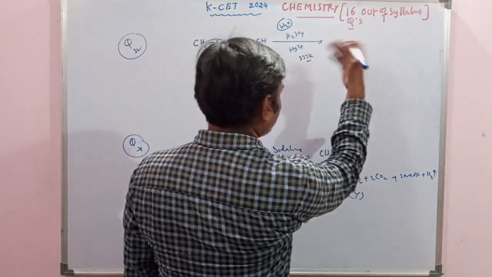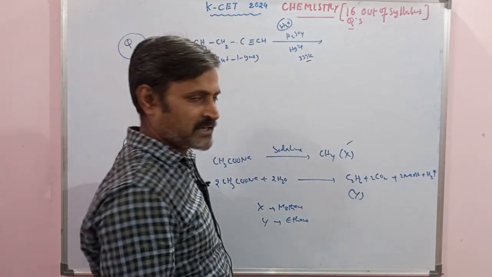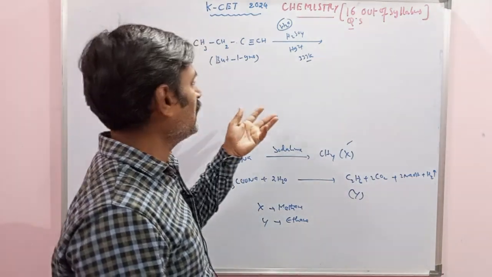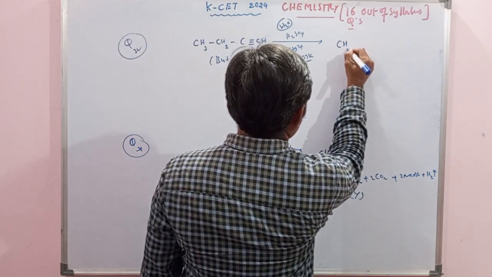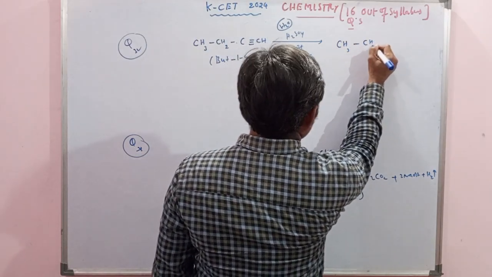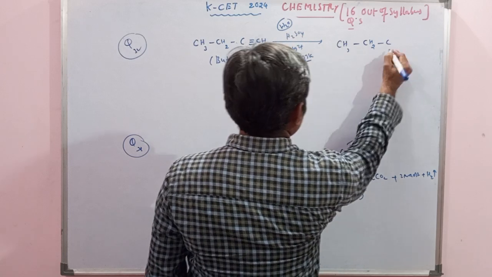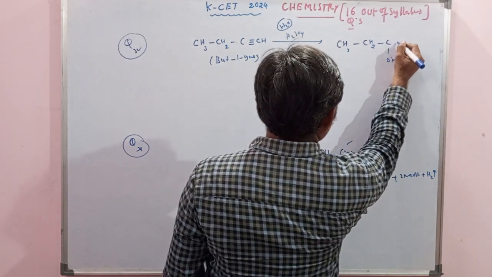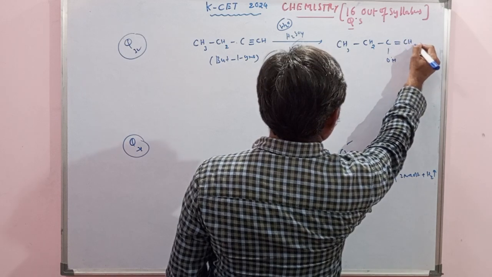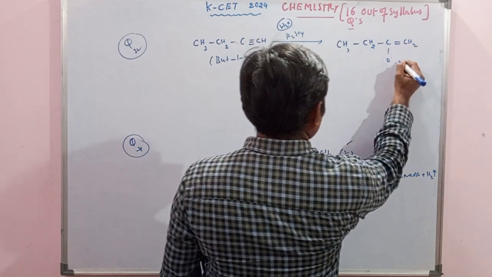After that, a rearrangement will produce the final product, a carbonyl compound. If you write this, CH3CH2C with OH will come, the triple bond will become a double bond, and the CH will become CH2.